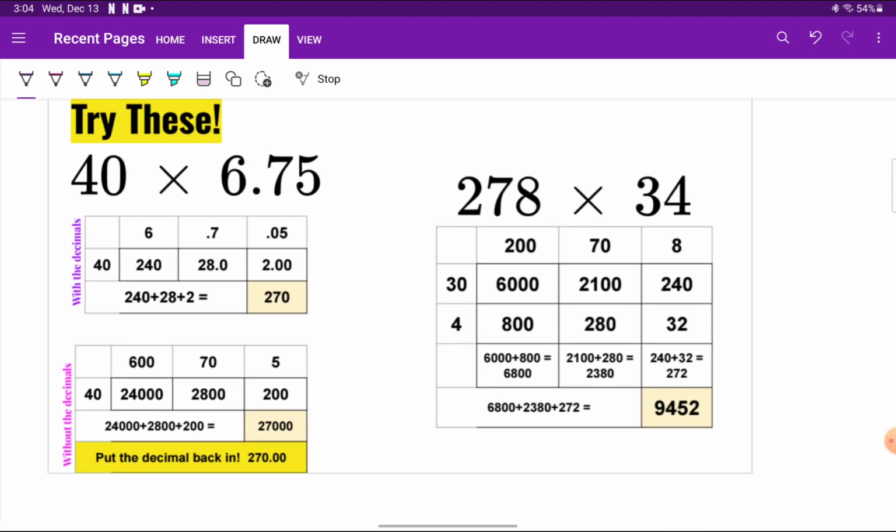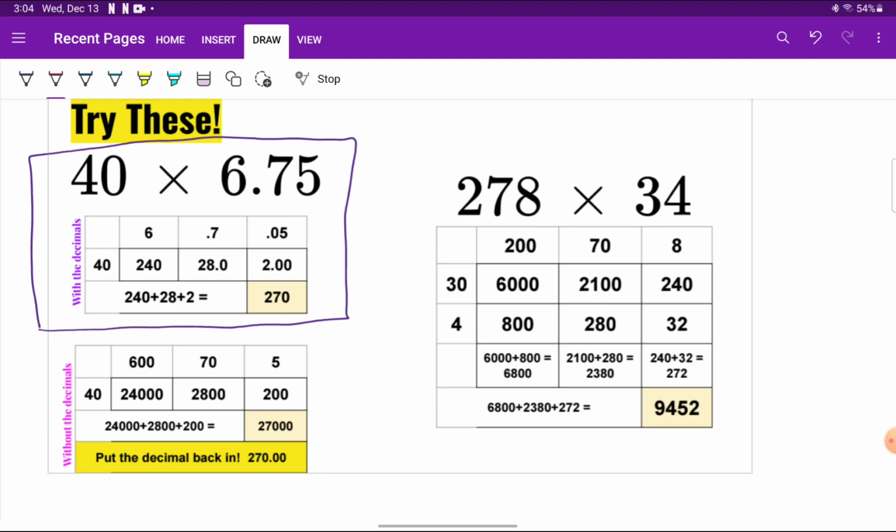So when we work these out, with the decimal place value included up here at the top, just like we did before. If I want to ignore those decimals, right, I'm just going to pretend this isn't here. This is now 675.